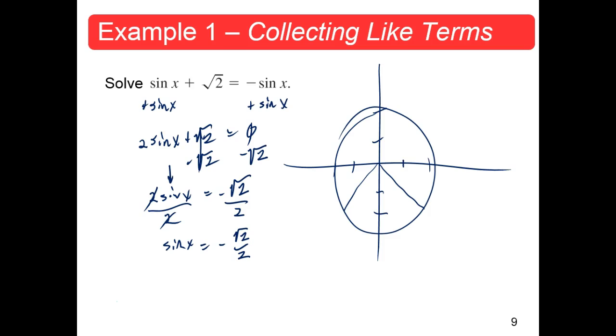So what will that first angle be? Except let's keep it in radians if possible. 5 pi over 4.